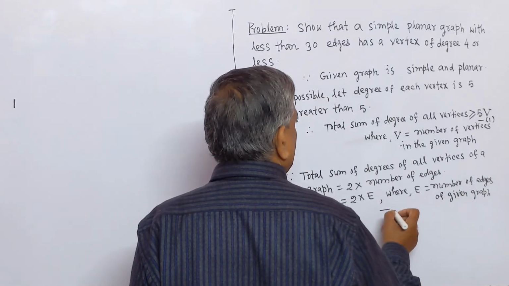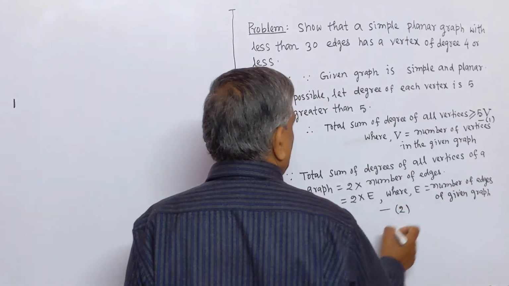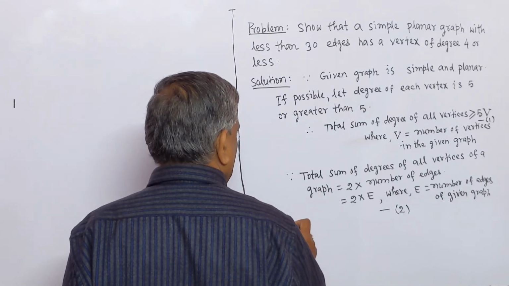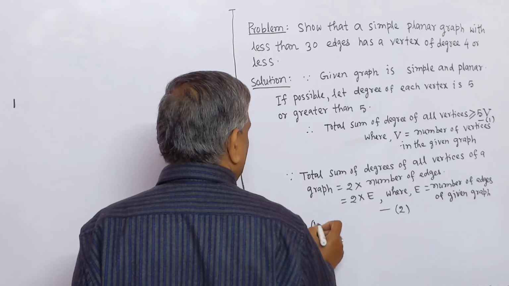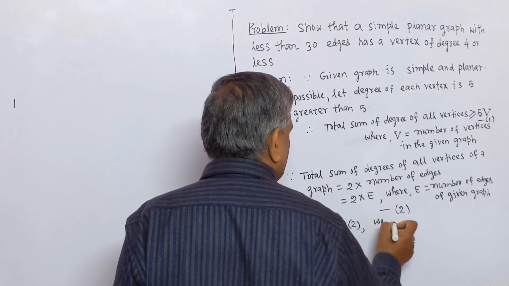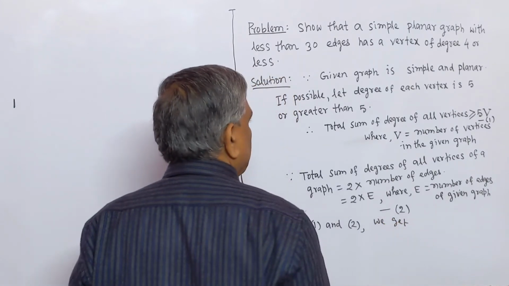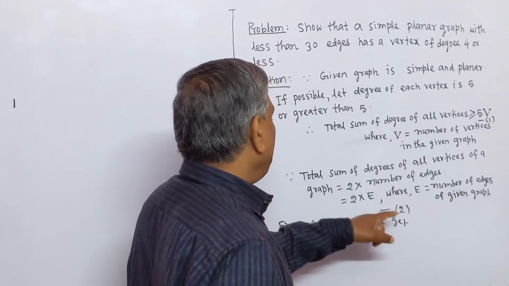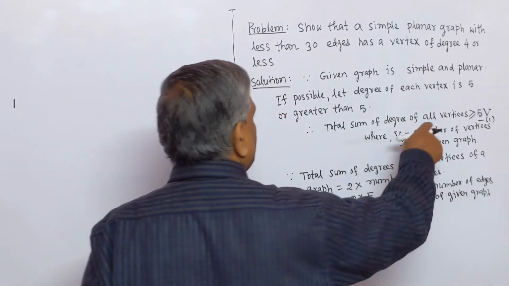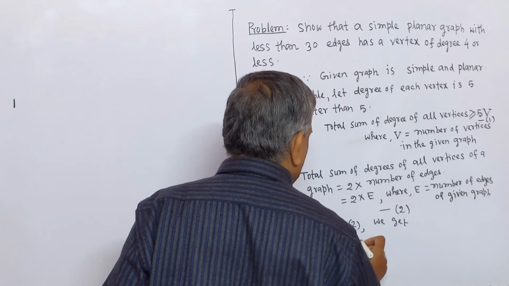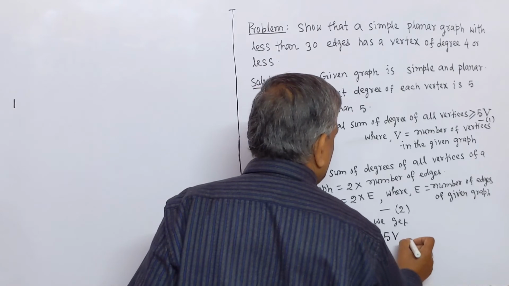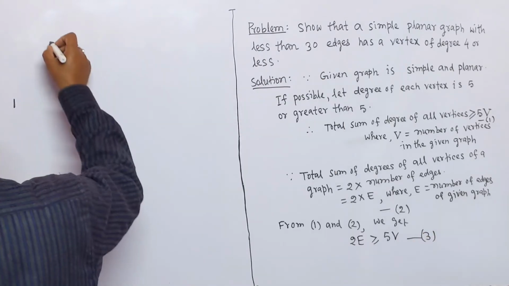This is number 2. From 1 and 2, we get that the total sum of degrees of all vertices of the graph is 2E. Here 2E is greater than or equal to 5V. This is number 3.